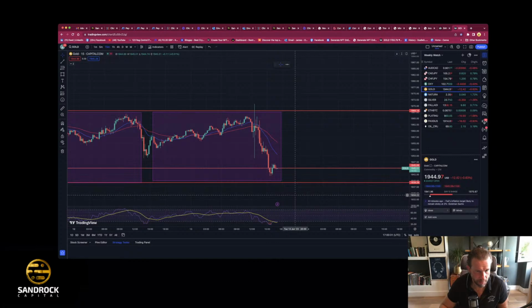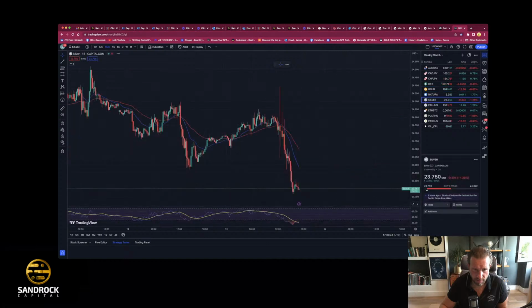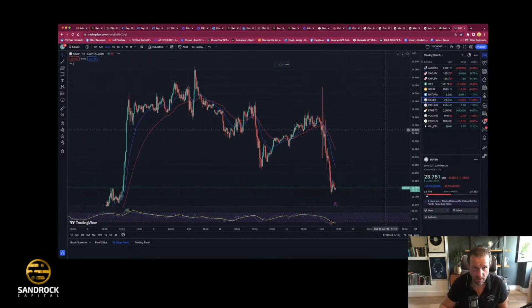However, it looks to me like it has bounced. Potentially it could come back down a bit lower. Expect the same thing on silver. Same sort of pockets you're looking at here, these pockets of areas.